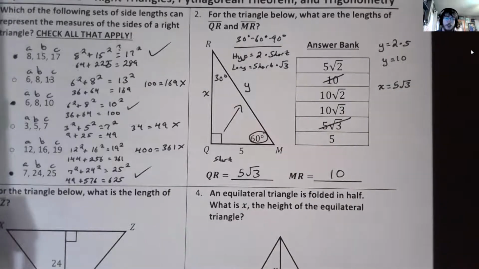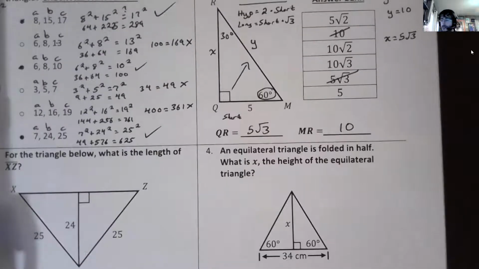Okay. Now you can use trig there. You will get the exact same answers if you use trig. You just need to make sure that if you do use trig, you label your sides appropriately with the O's, H's, and A's, and then use the correct trig ratio. And we'll talk about those in a bit when those examples come up.